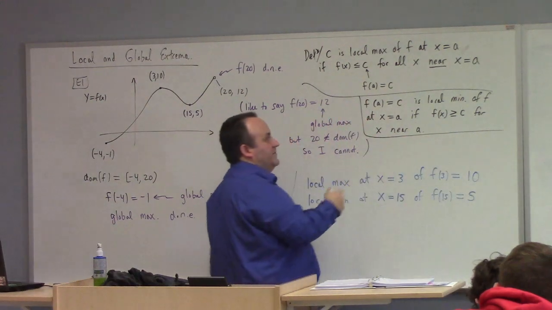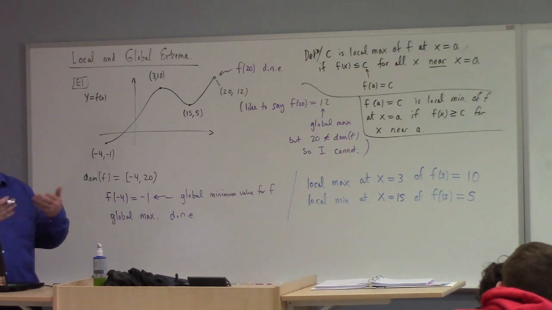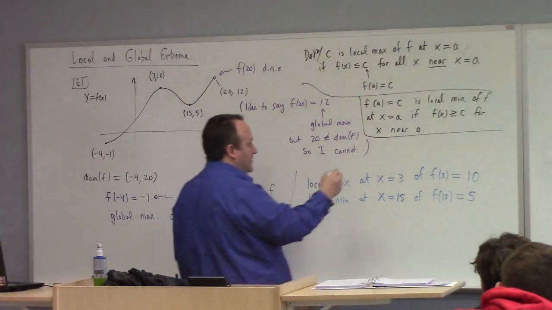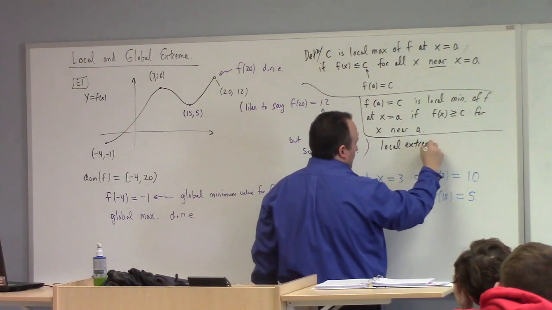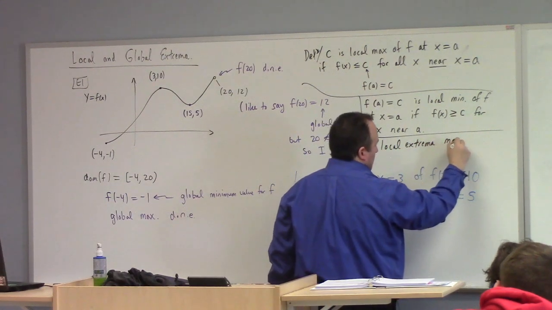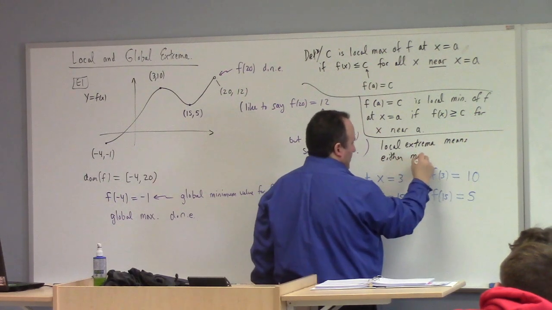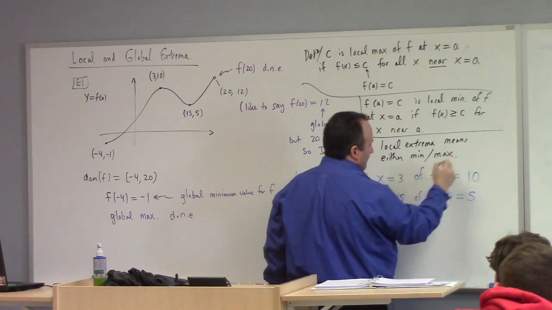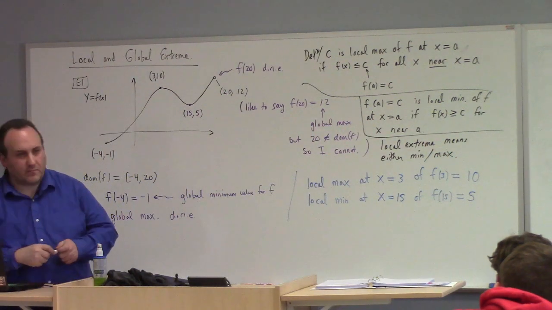And if it's either a minimum or a maximum, we say that it's a local extrema, right? A local extrema means either min or max. Okay? So that's the first thing.